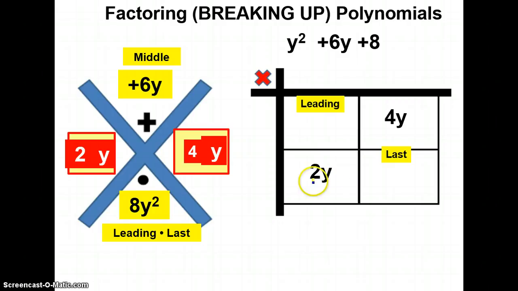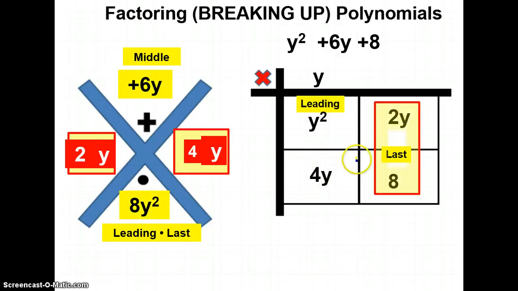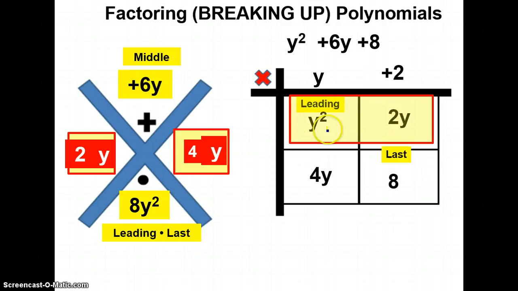Doesn't matter if the 2y goes here or if it goes here. Let's put our leading term and our last term. What do these two have in common? Y. What about these two? What could I divide out of 2 and 8? 2, great. What do these two have in common?